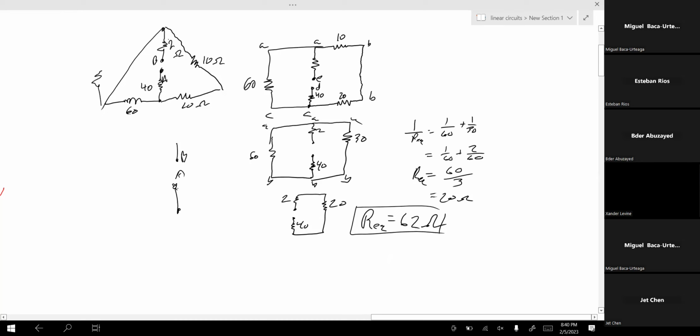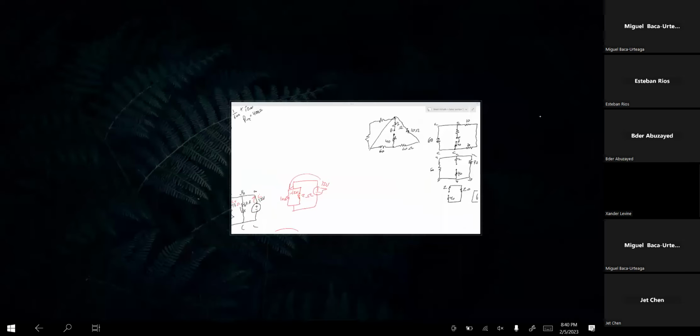This had a resistor here and then a resistor there. You could have easily said that it was just like this, and that just cuts it out. That's a nasty question, though.